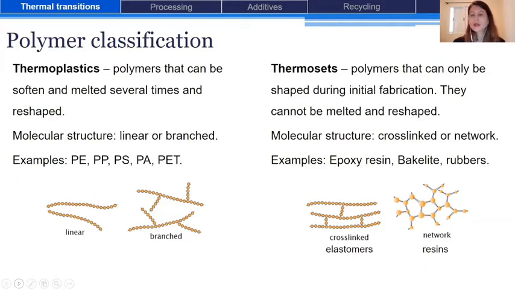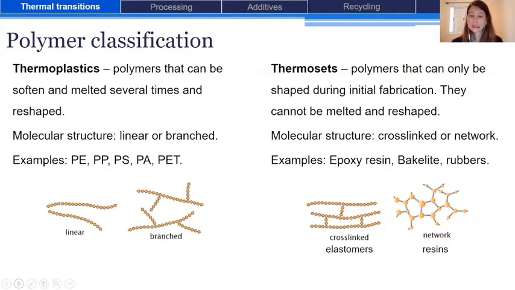So to give the shape to thermosets, we have to place the initial mixture in the shape, in a mold, for example. Then we provoke the formation of these cross-linking points, and so we end up with the final product.